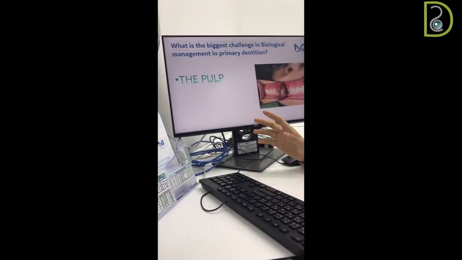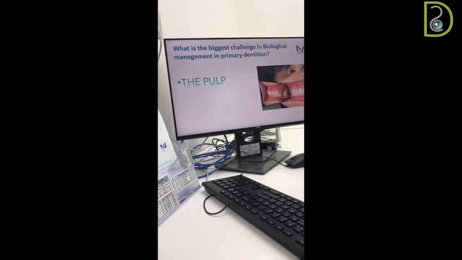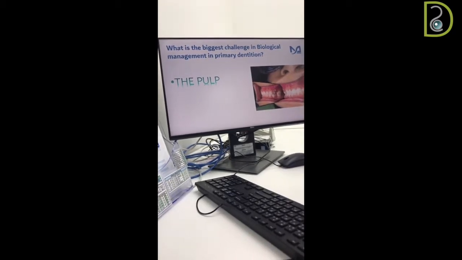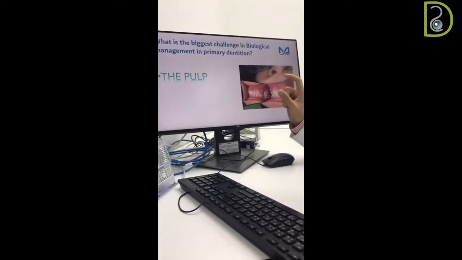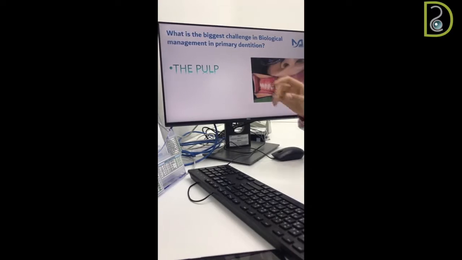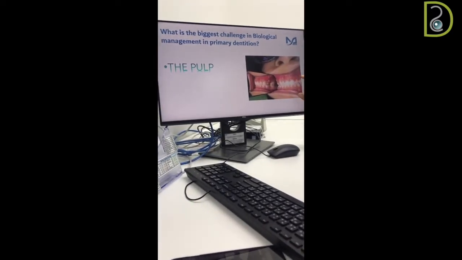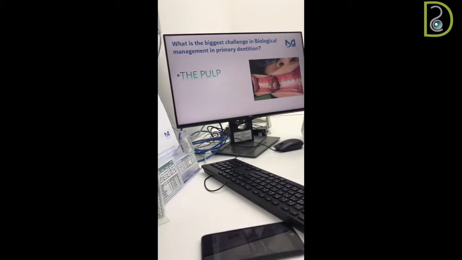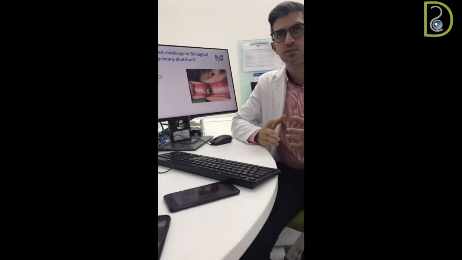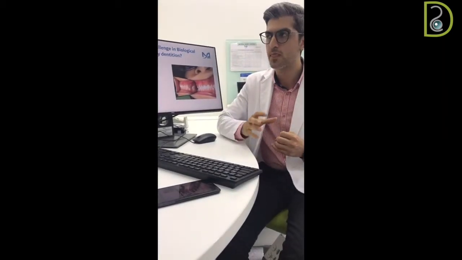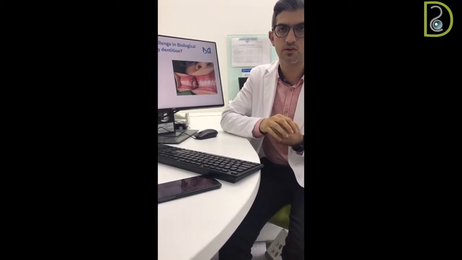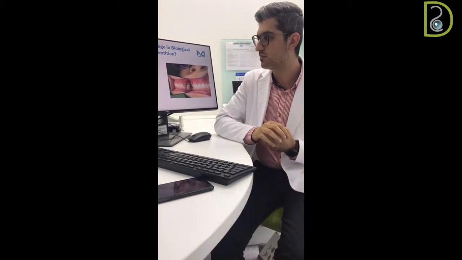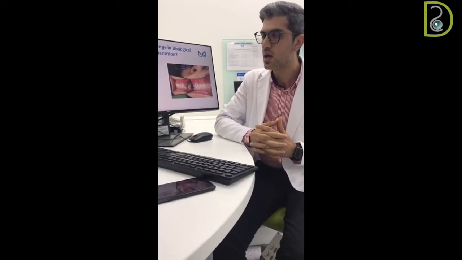Okay, so the key factor to the success of any biological management of the primary dentition is the pulp. We need to have a good diagnosis of the pulp, and we need to make sure that the pulp is healthy before putting the crown, which is the Hall technique crown. So the key factor is to have a proper diagnosis of the pulpal status.